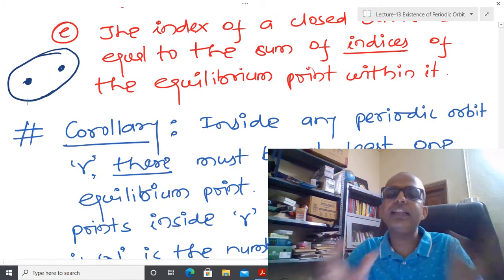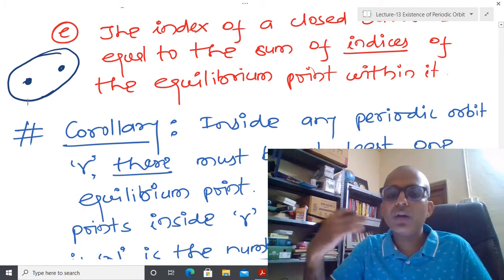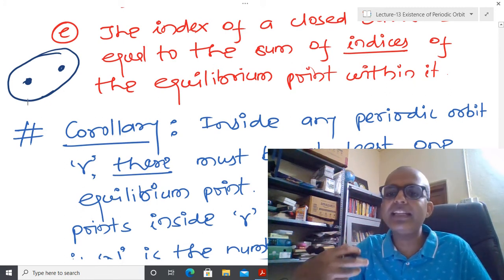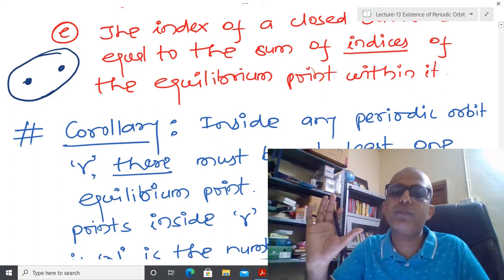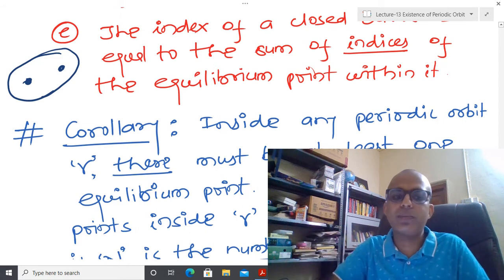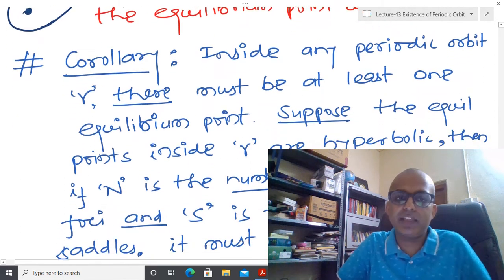After calculating the index, now I am going to see how to guarantee that there might or might not be a possibility of a periodic orbit. So this corollary is suggesting the same, and this is called the index method.